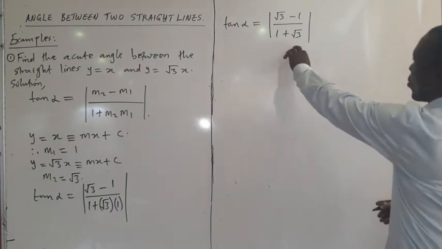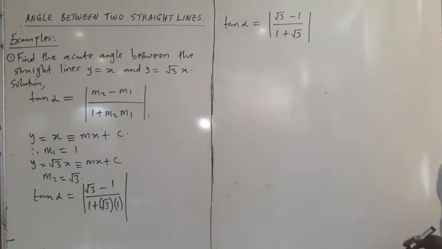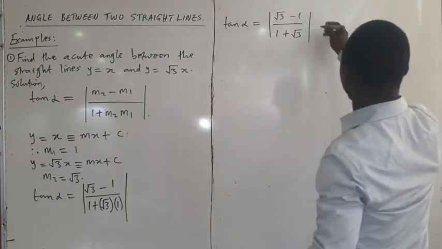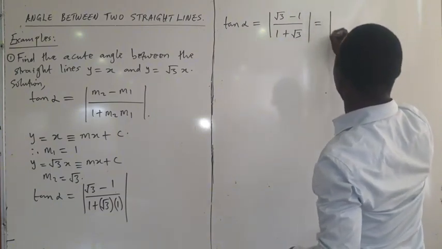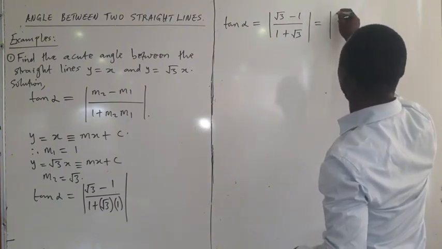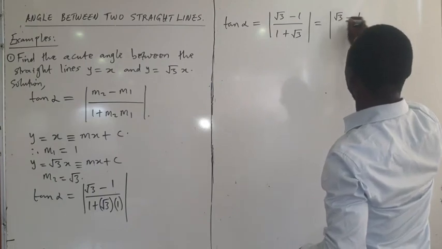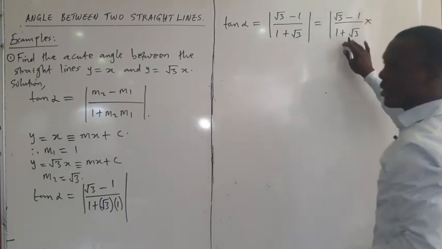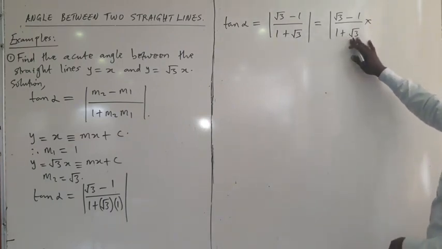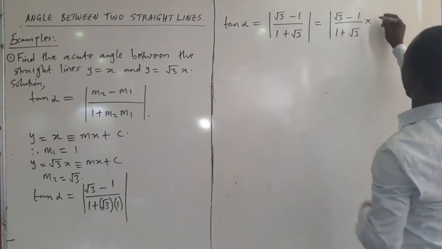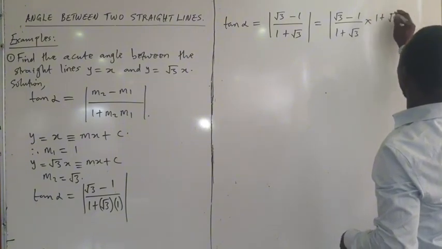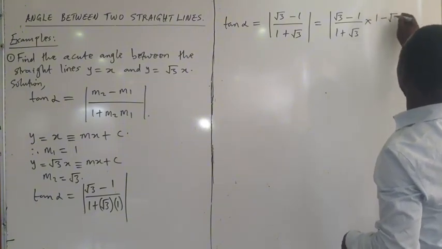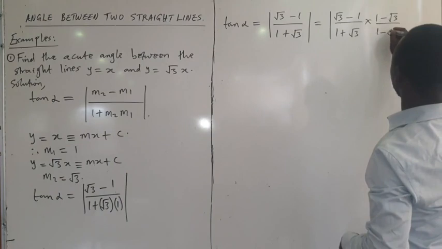So the next thing to do is to rationalize the surd. So tan alpha equals the absolute value of root 3 minus 1 all over 1 plus root 3, multiplied by the conjugate of the denominator, which is 1 minus root 3 all over 1 minus root 3.